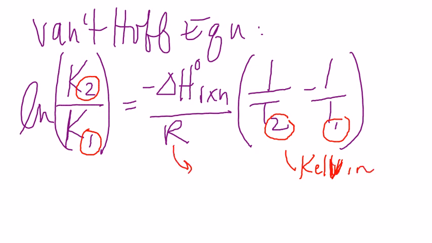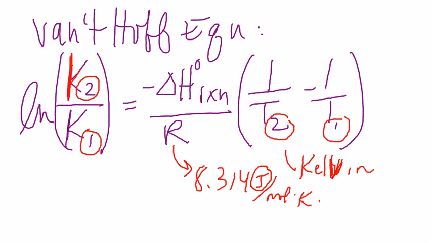And R here, because we're talking about energy, is 8.314 joules per mole K. And while we sometimes express delta H in kilojoules, we definitely want to make sure we're expressing it in joules here so that it cancels appropriately. So you can figure out what the new equilibrium constant will be at a different temperature if you know the equilibrium constant for the reaction at the original temperature.